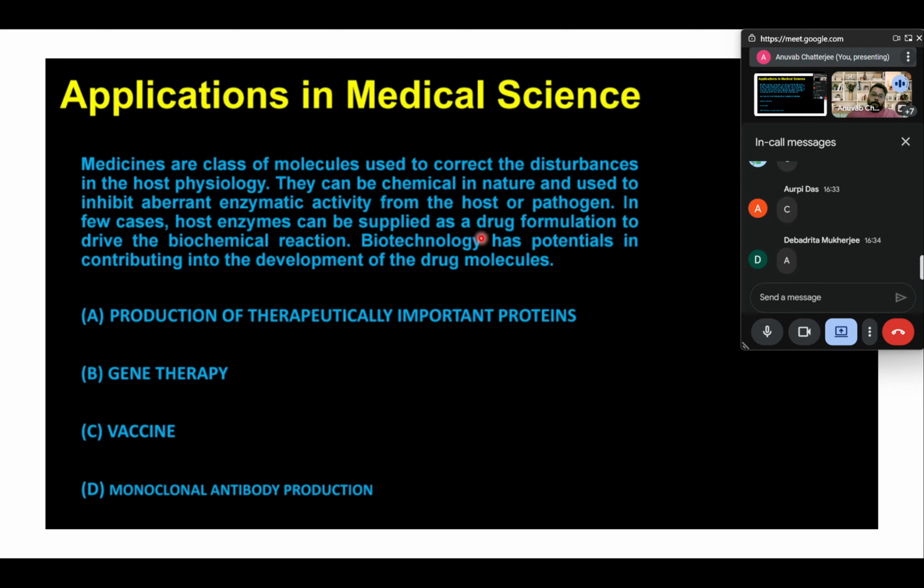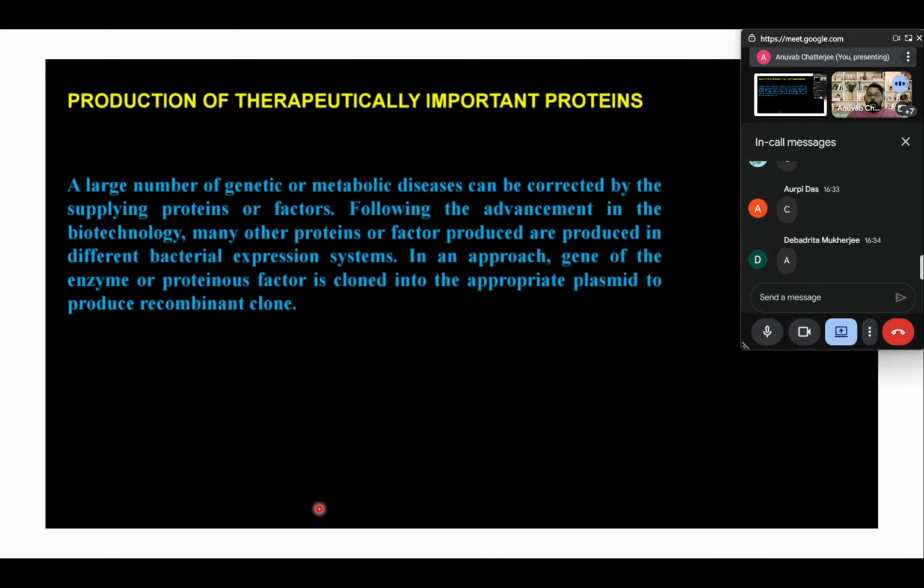So essentially, in medicines, molecular biology has an enormous role to play. You use it in production of therapeutically important proteins, gene therapy, vaccines, or molecular antibody production. One of the most important therapeutically important proteins is insulin.